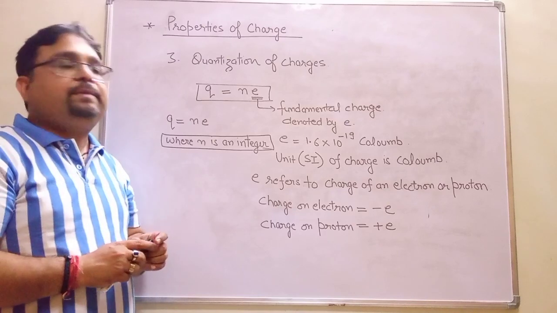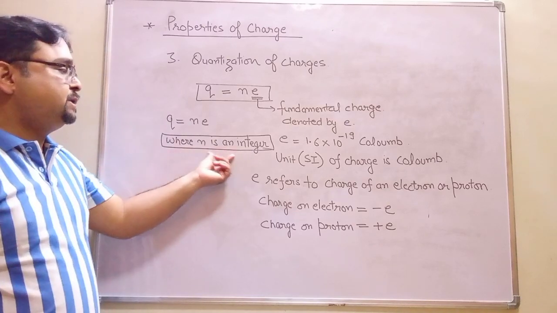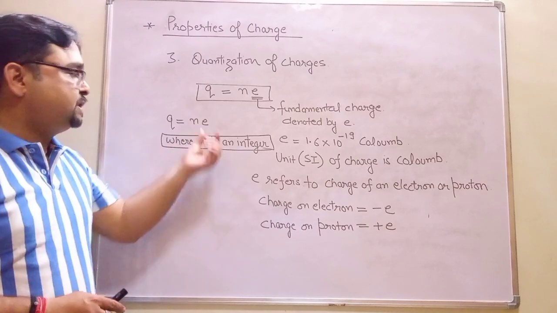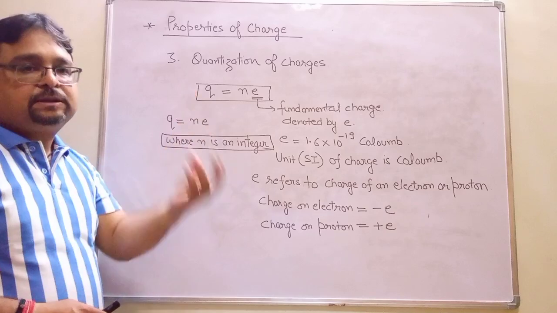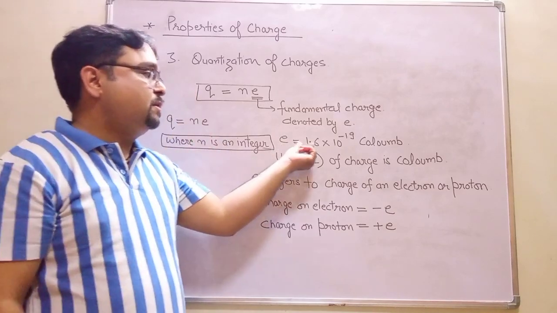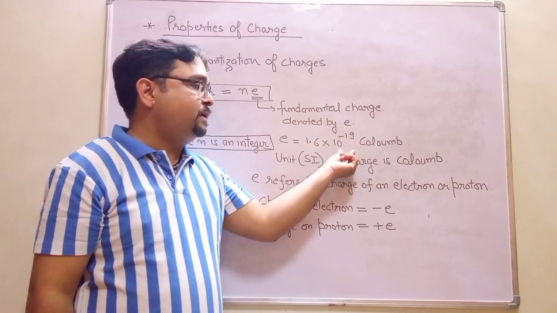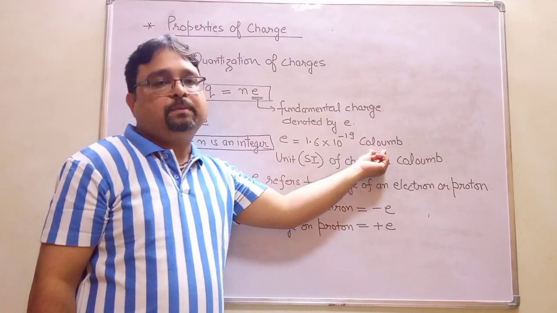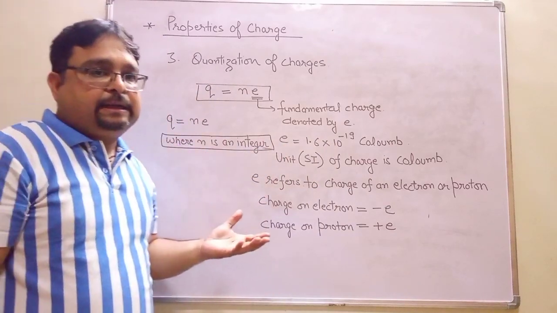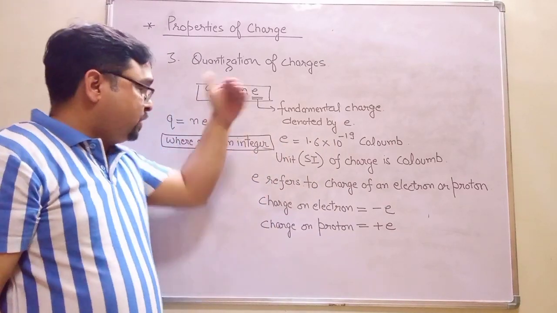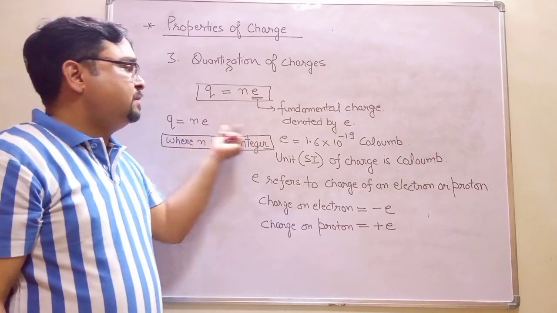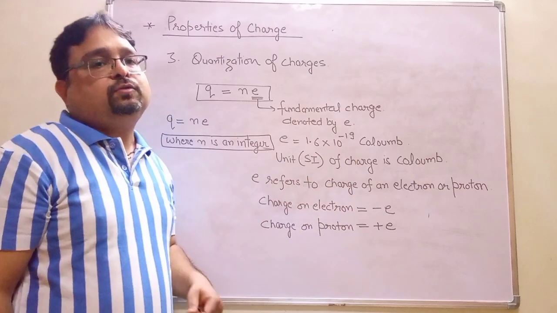Quantization means it will be an integer multiple of the fundamental charge, which is the smallest possible value of charge. The smallest possible value of charge is 1.6 into 10 raised to the power minus 19 coulomb. And for any electrically charged body, the total charge of the body will be some integer multiplied by the fundamental unit of charge.